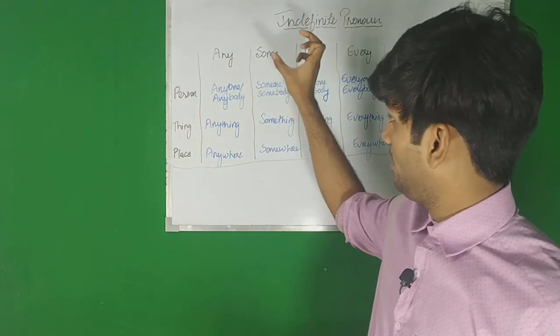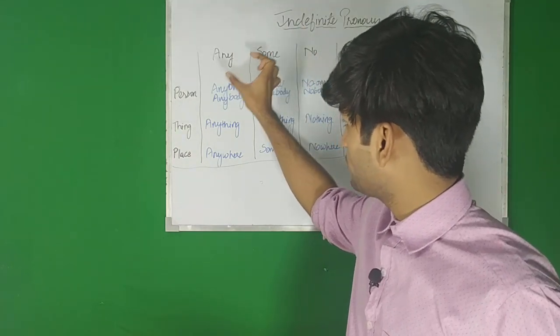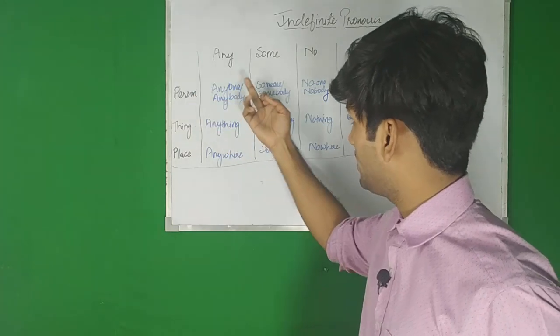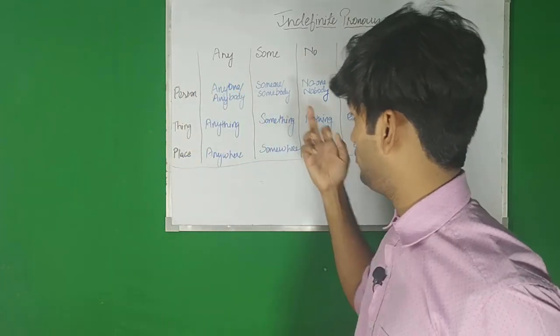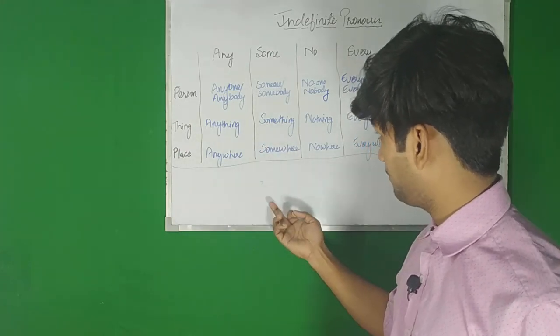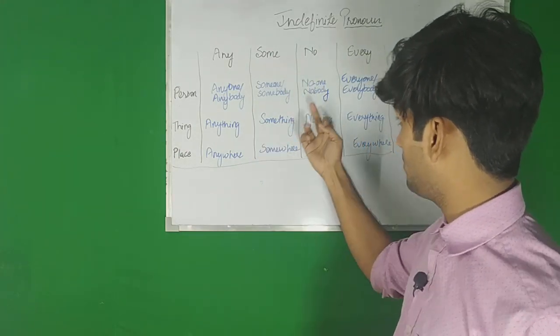So if I use the word any and try to make an indefinite pronoun, I can easily do that. Anybody or anyone for a person, anything for a thing, anywhere for a place. For some: someone, somebody, something, somewhere.